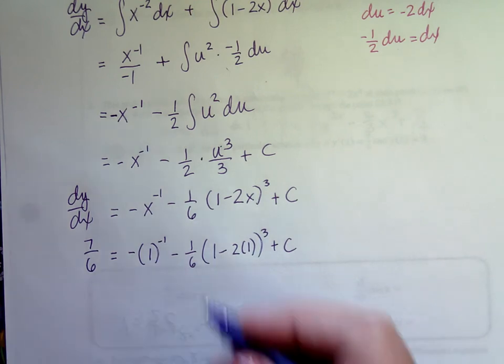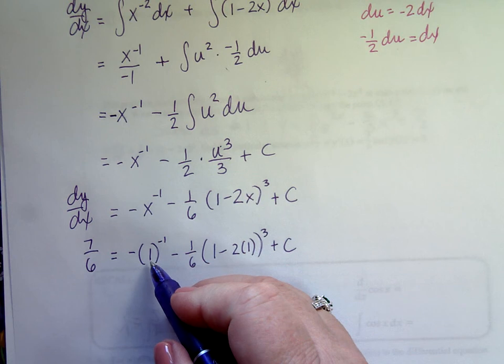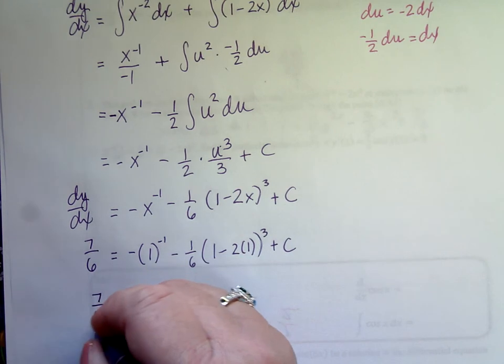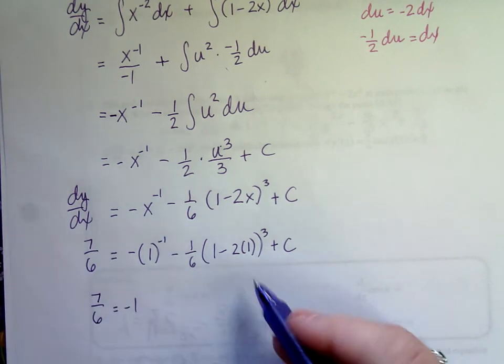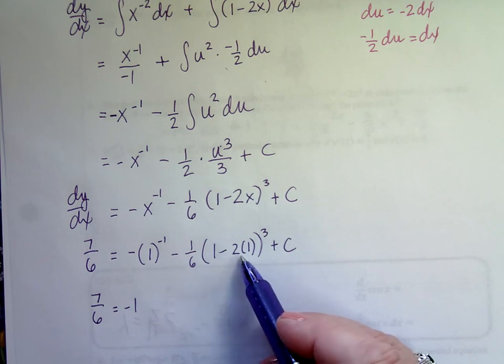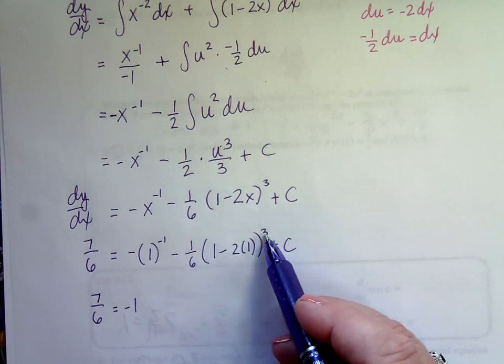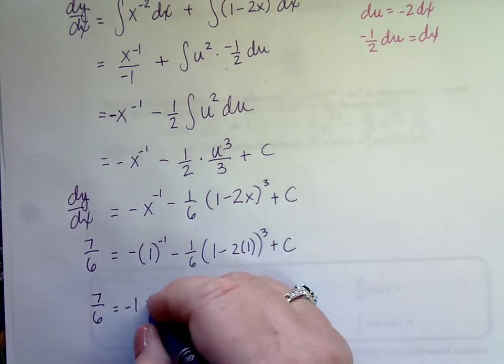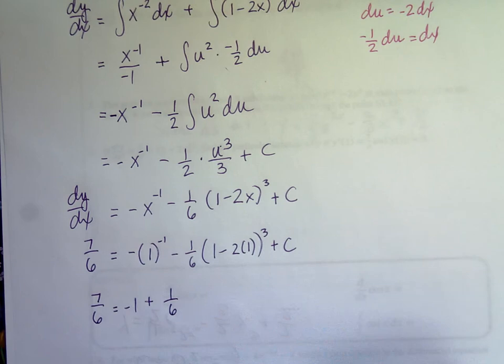Let's see. So I have a 1 that's being raised to the negative 1 power. So that means it's 1 over 1, but it's negative. So 7/6 equals negative 1. Parentheses first. 1 minus 2 is negative 1. Negative 1 cubed is negative 1. Negative 1 times negative 1/6 is a positive 1/6 plus c.